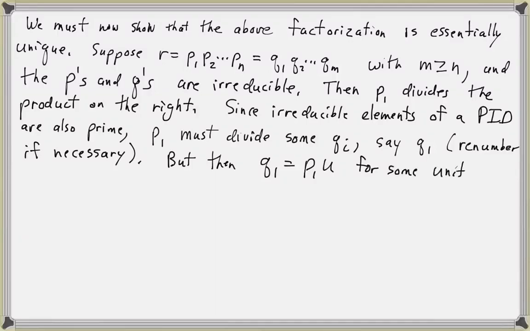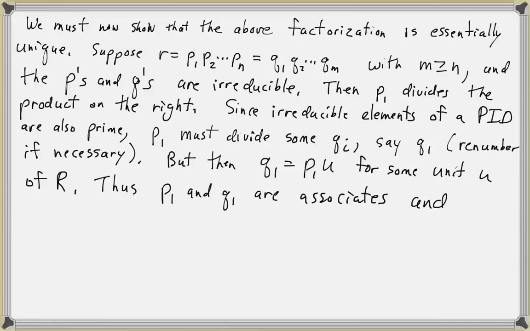So let's say u is a unit of R. So thus p1 and q1 are associates by definition. They differ by a unit. And since we're working in an integral domain, we can still cancel. We have a cancellation property. So by cancellation, this is again valid because this is an integral domain.